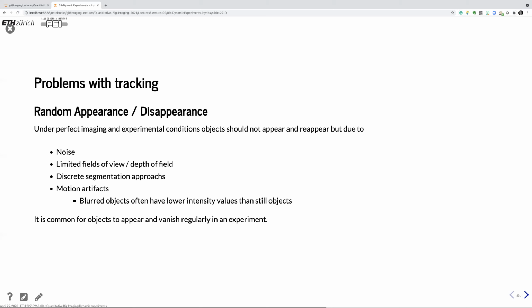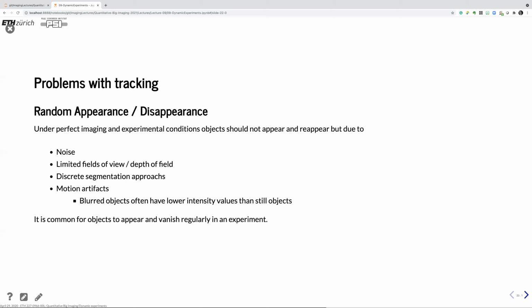We can have different problems when we do the tracking. So we can have random appearance, disappearance. So if you do imaging over a limited field or depth of field, it can be that some objects are actually going out beyond the borders of the image, and then they come back again.